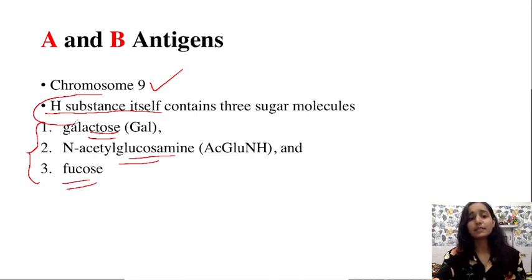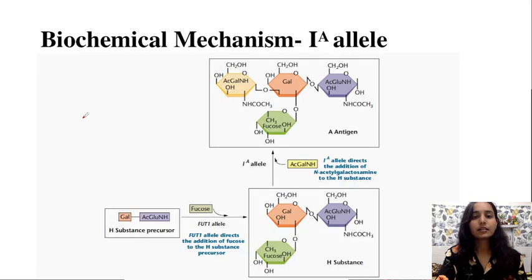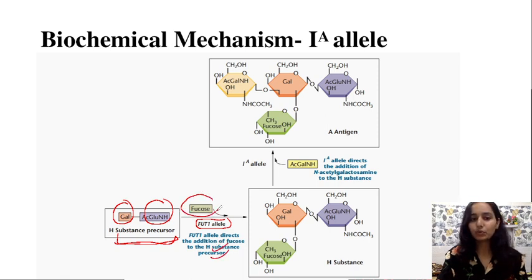This H substance is present on the RBCs of all individuals, irrespective of which blood group they carry. Now, to the H substance precursor, which has galactose and N-acetylglucosamine, the FUT1 allele codes for fucosyl transferase, and this enzyme adds fucose to the precursor, and finally our H substance is formed carrying three moieties.